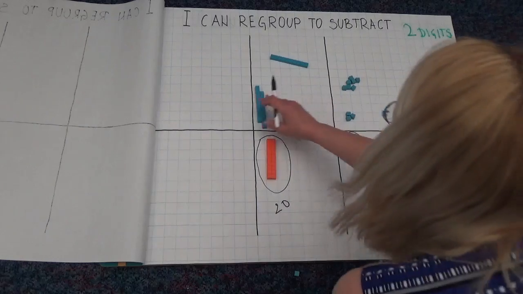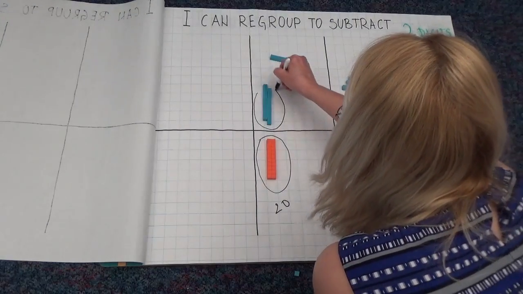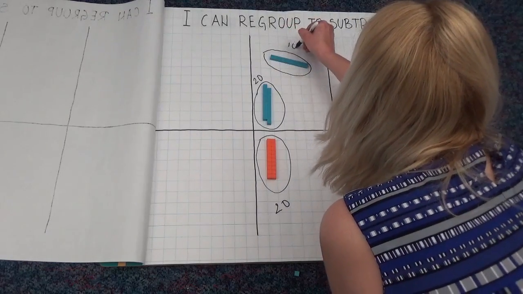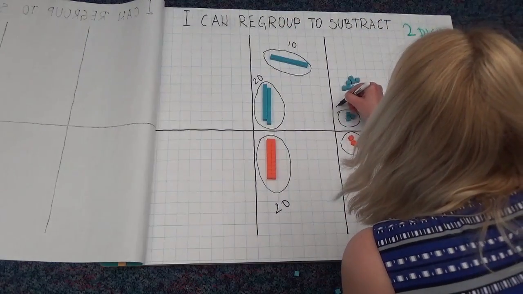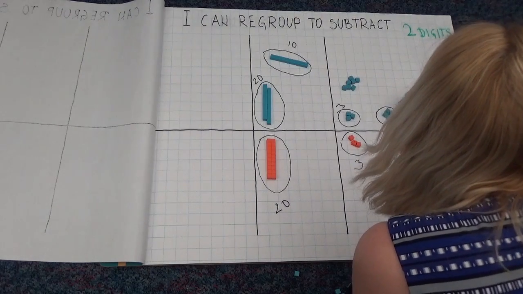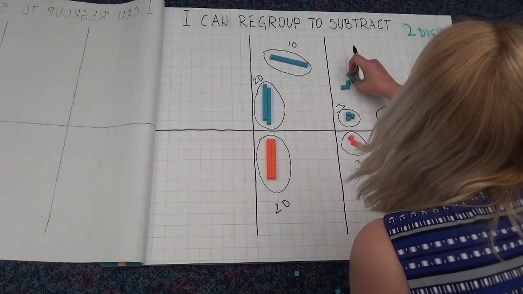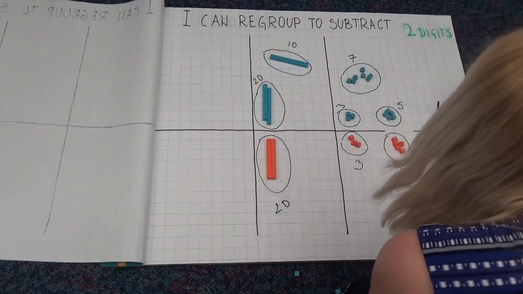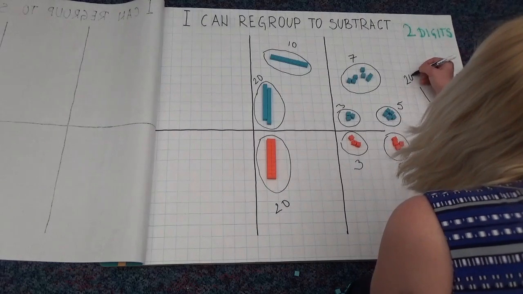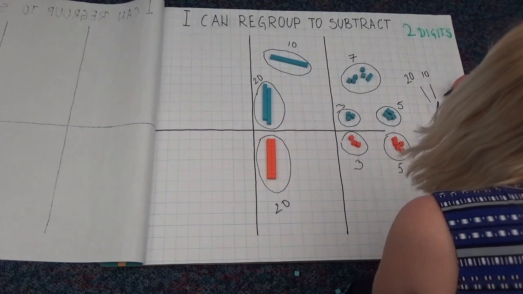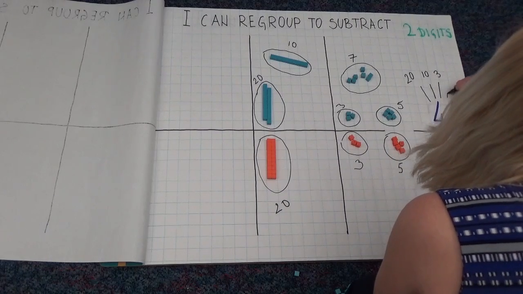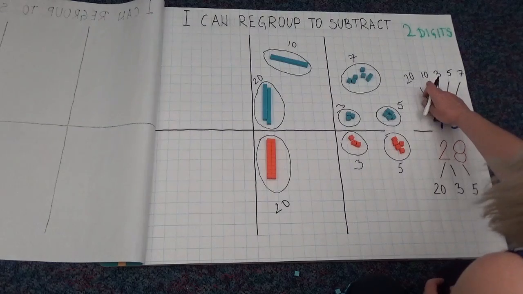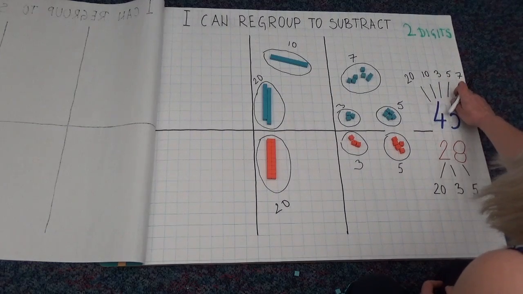How about 45? I ended up with one group of 20, one group of 10, 3, 5, and what's left? 2, 4, 6, 7. Is this still 45? 20 plus 10 plus 3 plus 5 plus 7. 20 plus 10, 30, 3 plus 7, 40, 45.